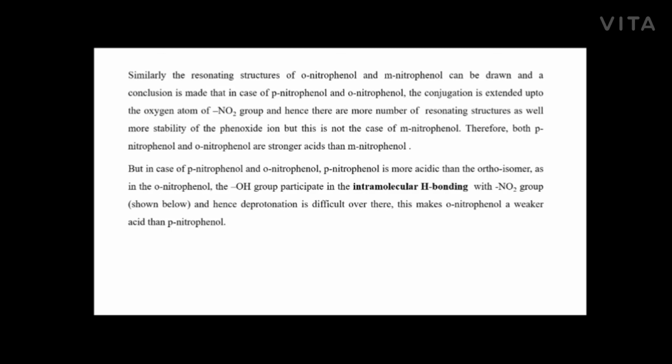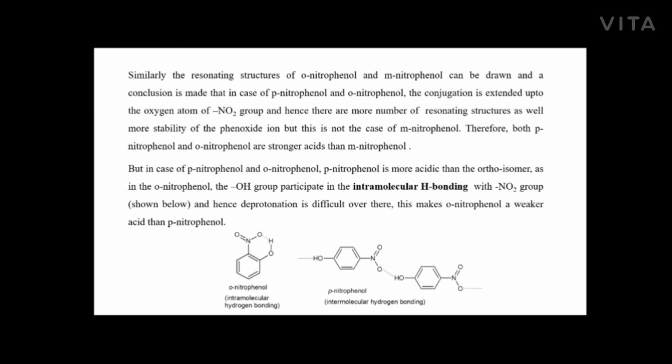Because of that participation of the OH in ortho nitrophenol with the NO2 group, it is less involved in deprotonation, and hence para has the highest acidic character as compared to ortho, so ortho gets fewer chances to get deprotonated as compared to para.